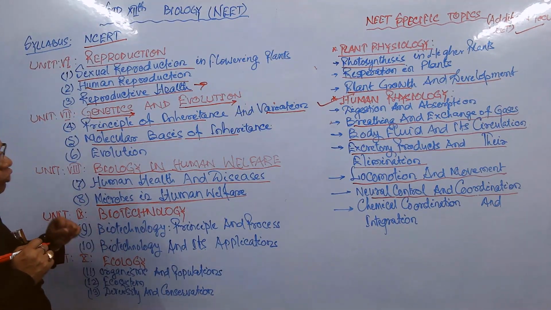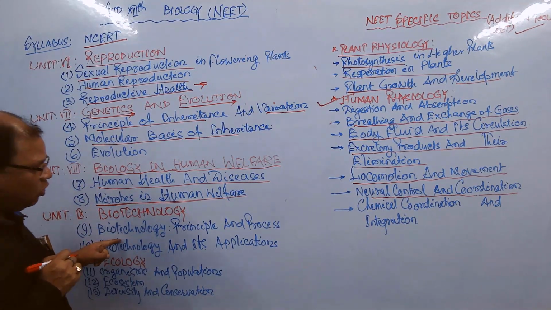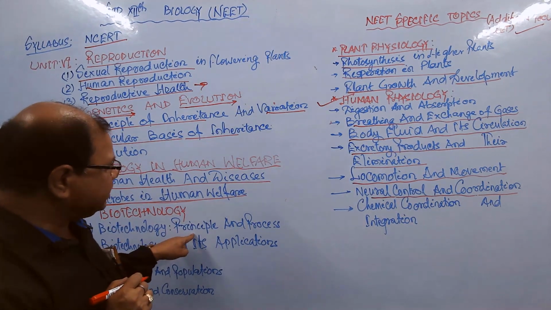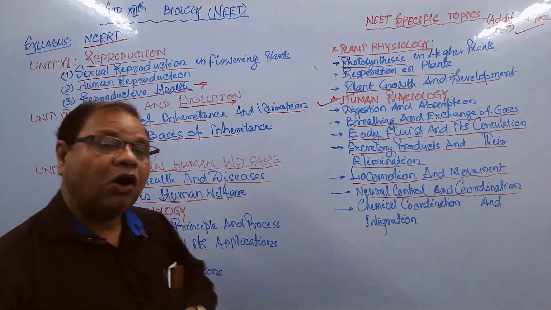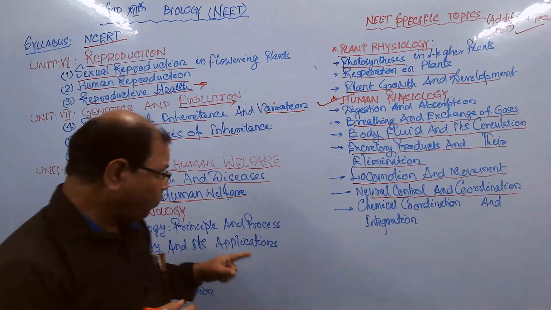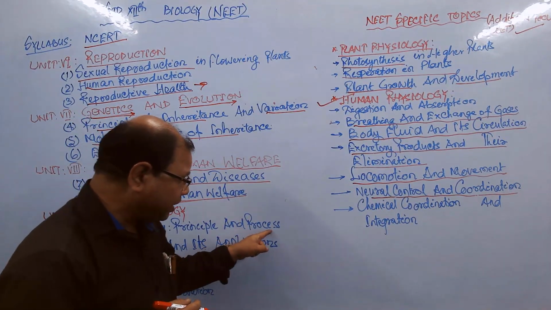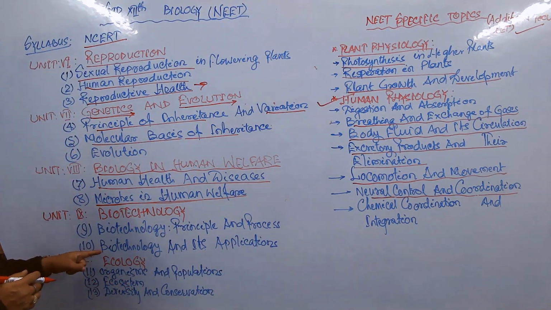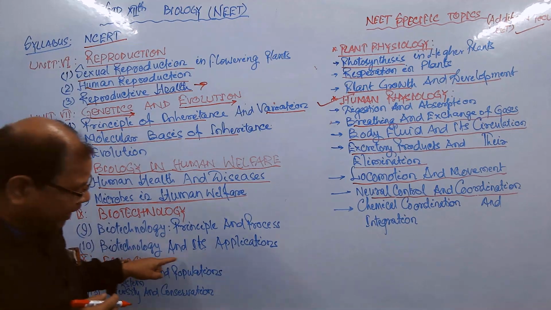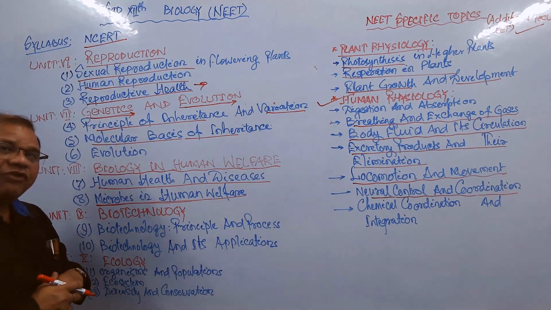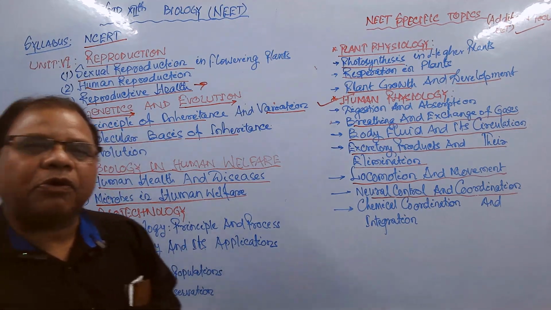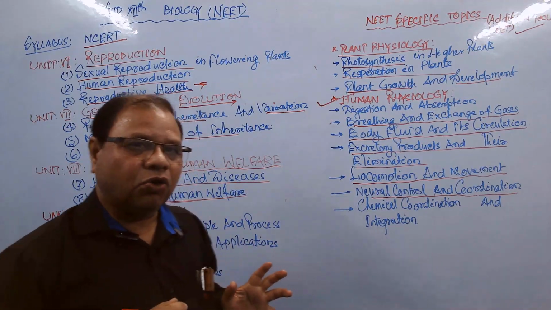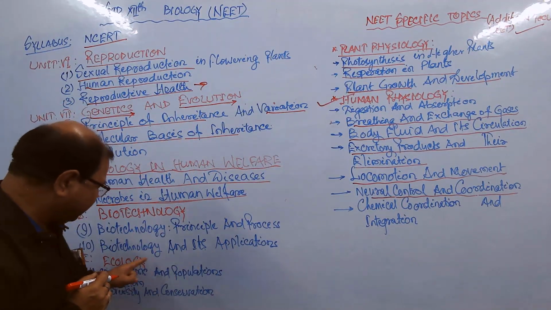Now, biotechnology. In biotechnology, principles and processes, we learn how food is prepared. We have to learn the process of food preparation in this chapter. Next, biotechnology and its applications. We will study different types of processes, procedures and methods in this chapter.